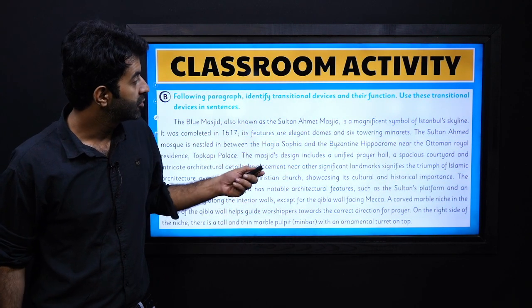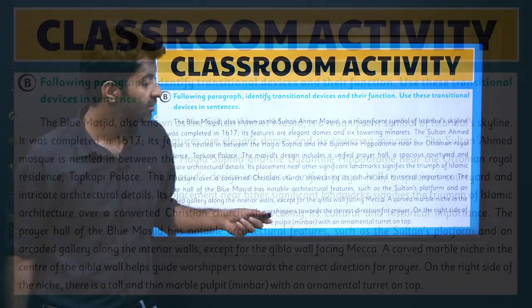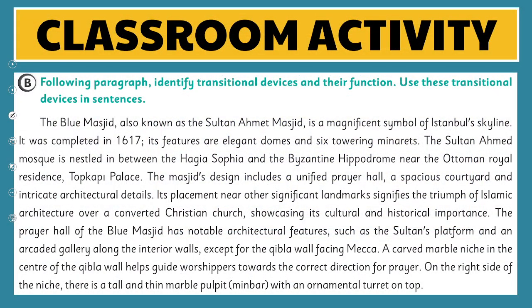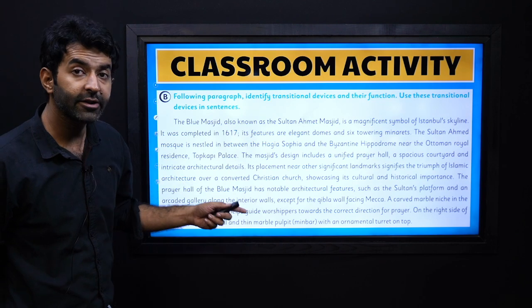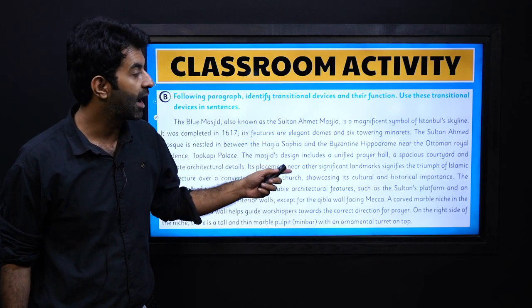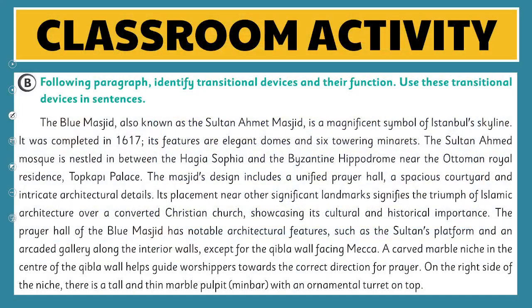All right, students, here is a passage. This is taken from your book. You have to go through that and identify transitional devices and their functions. For example, the Blue Masjid, also known as the Sultan Ahmed Masjid, is a magnificent symbol of Istanbul's skyline. It was completed in 1617. Its features are elegant domes and 6 towering minarets.